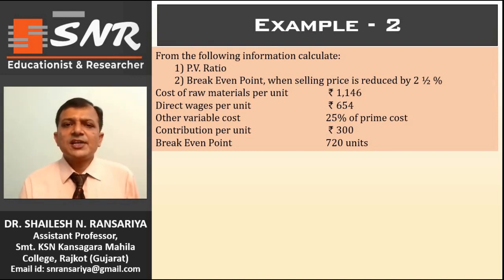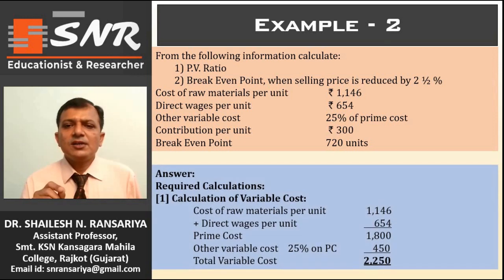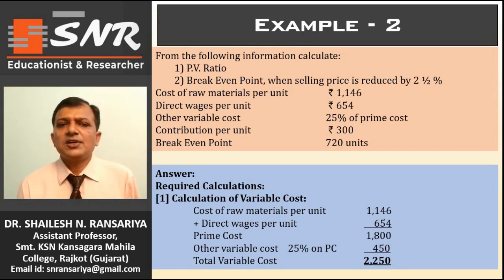So required calculation number 1, total variable cost. Total variable cost is equal to cost of material 1146 plus direct wages 654. Make total, it is 1800. Now it is known as prime cost.